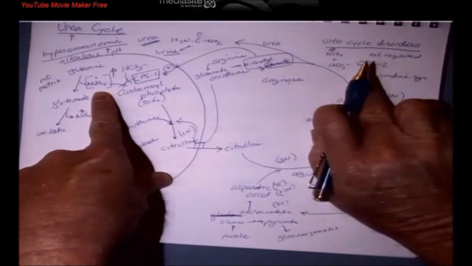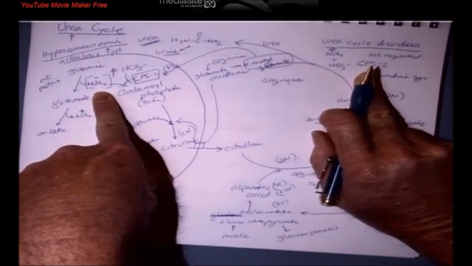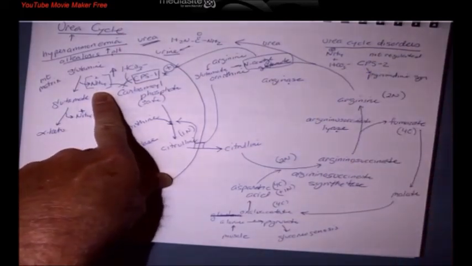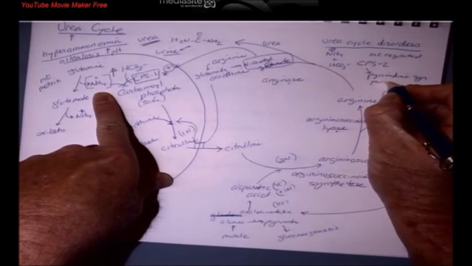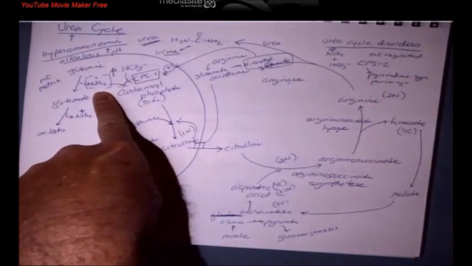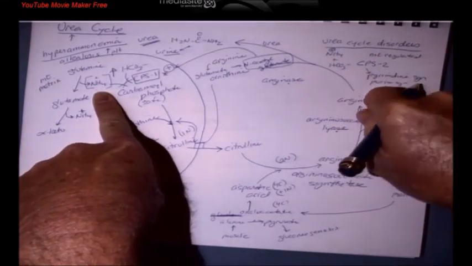And that's by CPS2 in the cytoplasm. This will increase pyrimidine and also purine synthesis, because the carbamoyl phosphate that is going to be generated for this is a substrate for nucleotide synthesis.